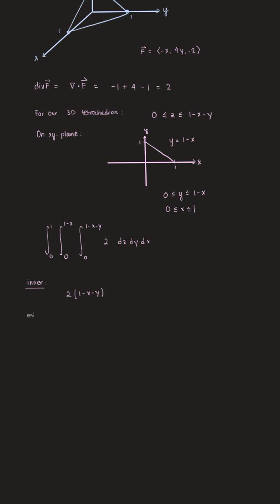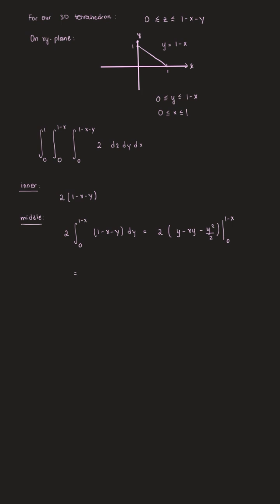For the middle integral, I'm going to keep the 2 factored out. So we have 2 times the integral from 0 to 1 minus x, and now we will integrate with respect to y. This will give us 2 times y minus xy minus y squared over 2, and this is evaluated from 0 to 1 minus x.